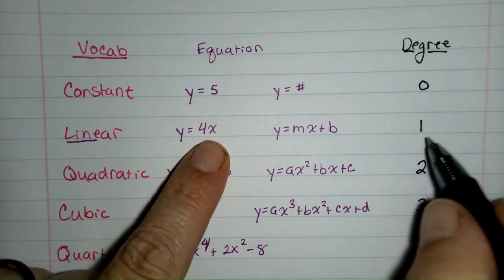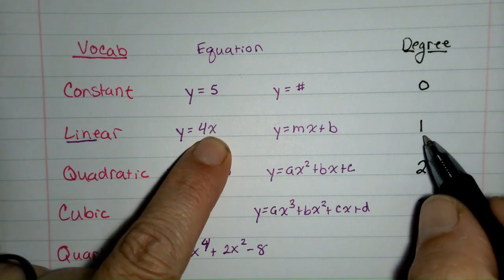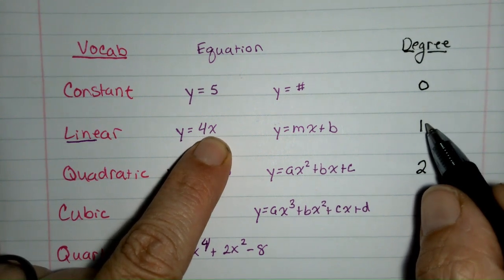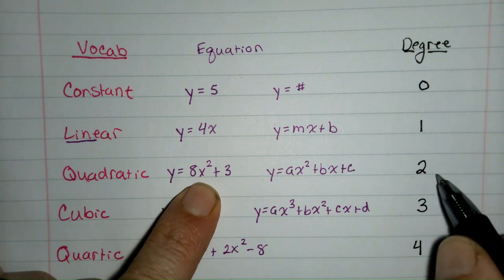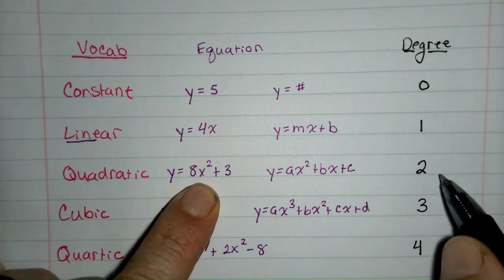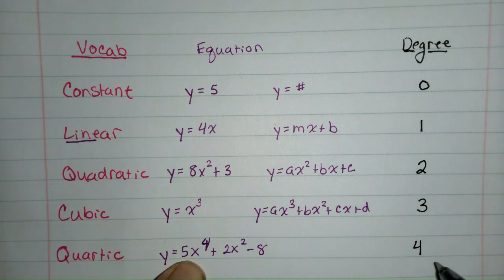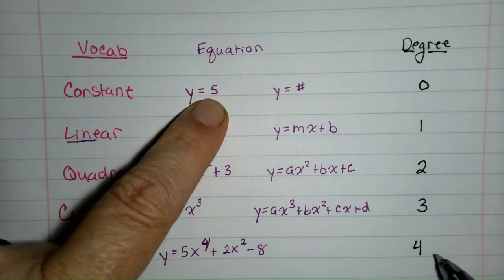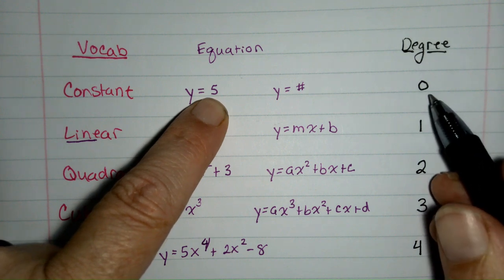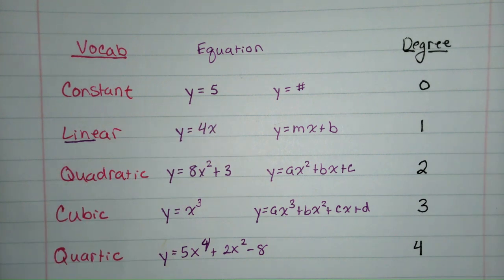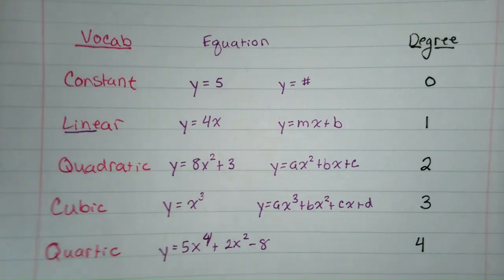The reason why this is a degree 1 is because the highest power is 1, x to the 1st. Here, the highest power is 2, x squared. Here, the highest power is 3, x cubed, and 4. You'll notice there's not an x here. That's because it's x to the 0. And if you remember, x to the 0 is 1. Anything to the 0 power is 1.